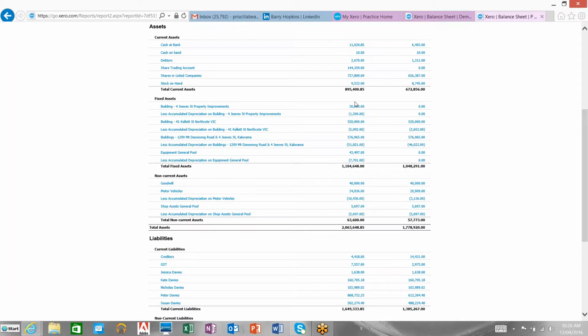Assets have to be debits at all times, and just the depreciation goes against it with a minus. Let's see here. Motor vehicles, less depreciation. General pool, looks like now it was all depreciated, but we still record it. We leave it in nicely, so we actually know how many assets we have in the books that are depreciated, but we still hold them.